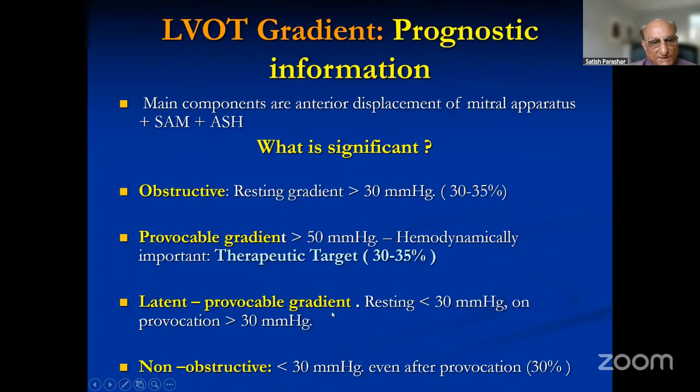Latent provocable gradient means resting is less than 30, but on provocation it is more than 30. And non-obstructive means it is less than 30, and even after provocation it is less than 30. So these are the important ones: obstructive, provocable, latent provocable, and non-obstructive.